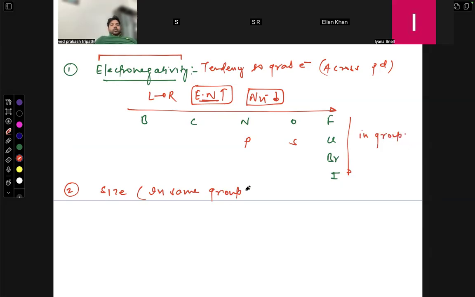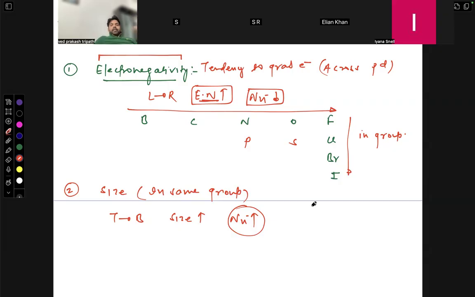So if you are moving top to bottom, size increases and nucleophilicity also increases. Okay. So whenever you are moving top to bottom, like we are moving fluorine to iodine, iodine has the biggest size. So iodine tendency to donate its lone pair of electron is very easy.